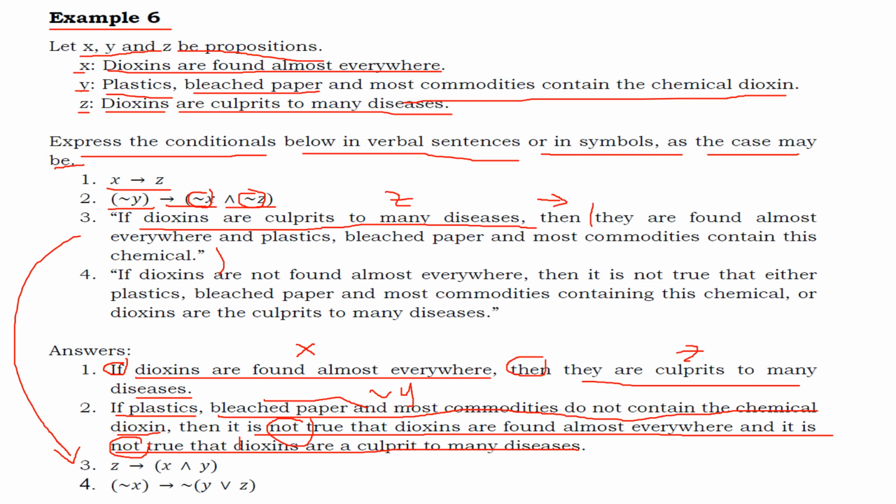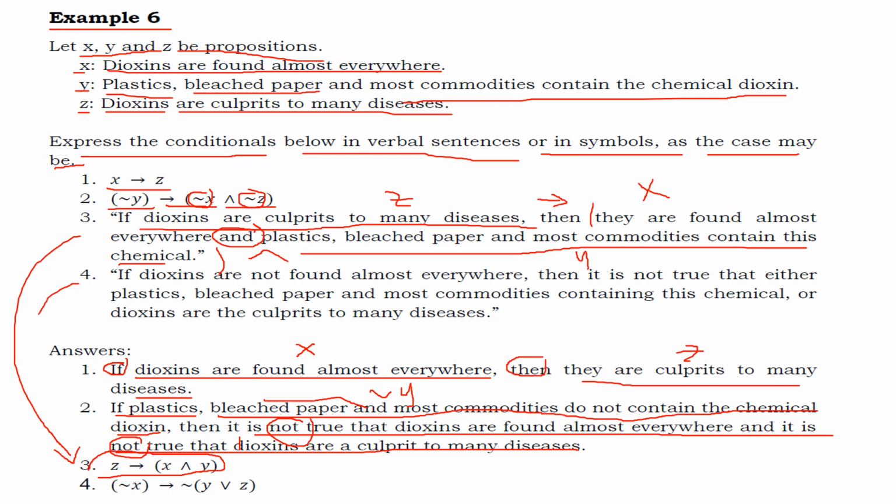"They are found almost everywhere" will be your X. Then the "and" here will represent your conjunction. "Plastics, bleached paper, and most commodities contain the chemical" represents your Y. That's how we come up with these symbols.